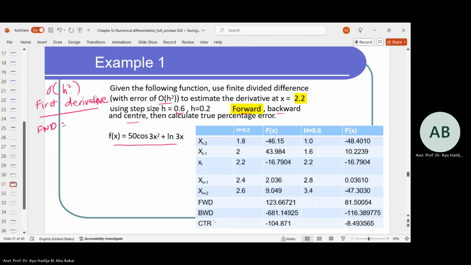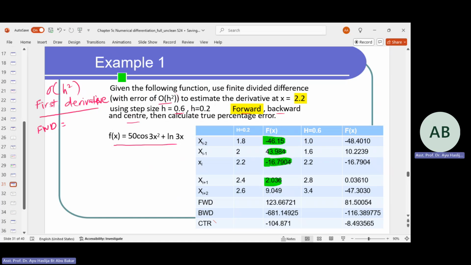Okay, now sub into your equation. Now, let's try. In this example, it already showed you the fx.